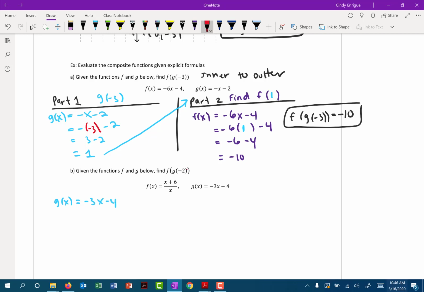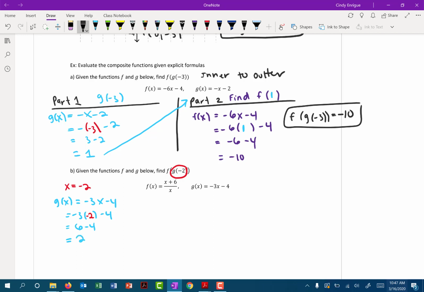In particular it says g of negative 2, so x is equal to negative 2. That's what I'm going to be plugging in. So we have negative 3 times negative 2 minus 4, which gives me positive 6 minus 4, which is a positive 2.